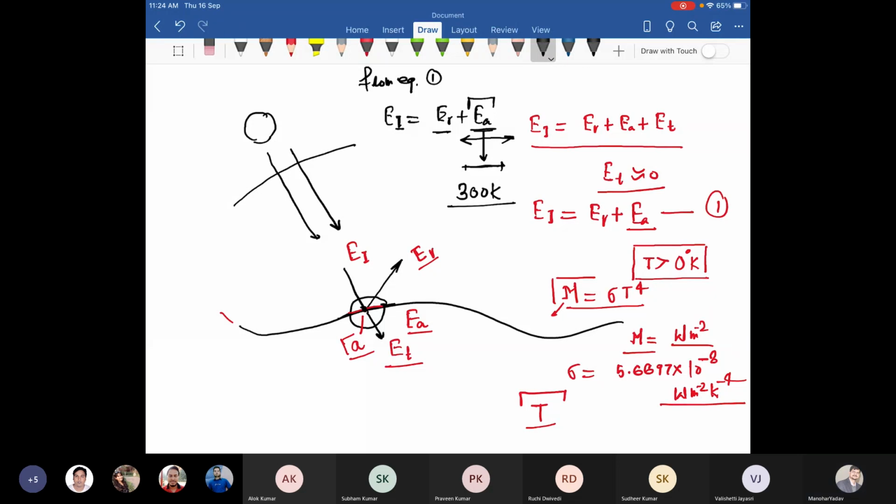It's the average temperature. And why is it 300? What is the mechanism through which it rises to 300 degree Kelvin? It is due to the absorbed component. The reflected component is not responsible for this.